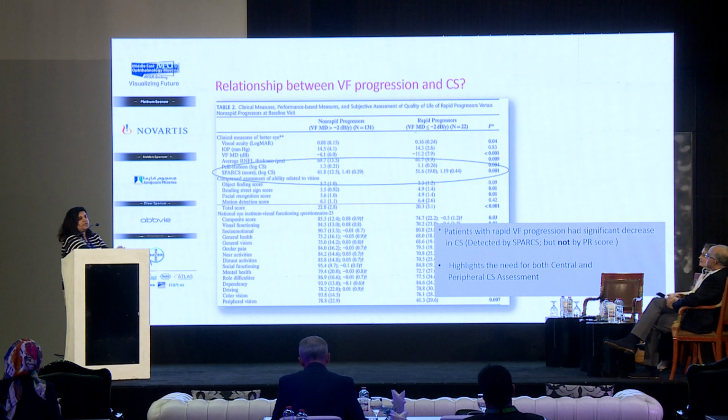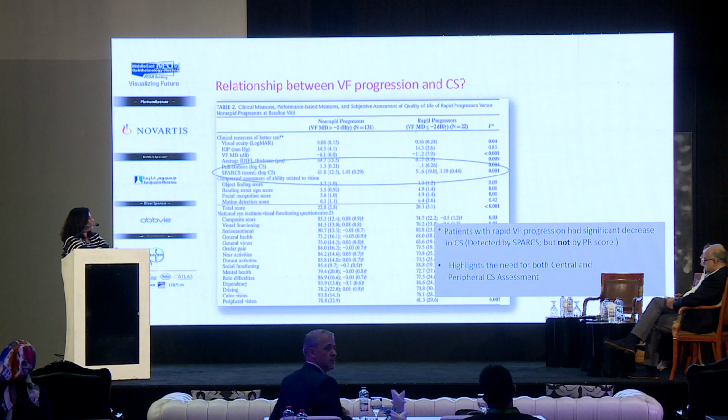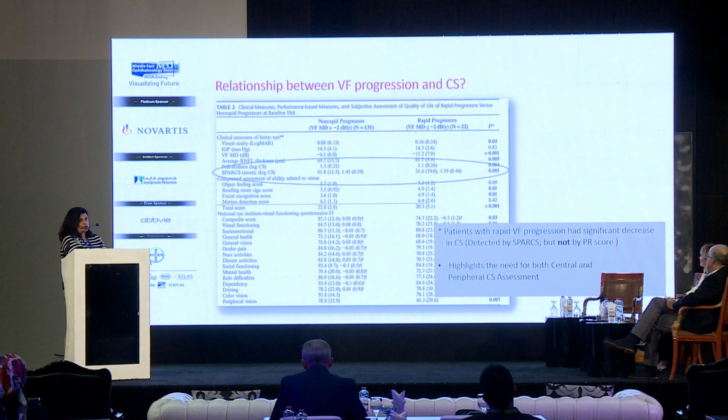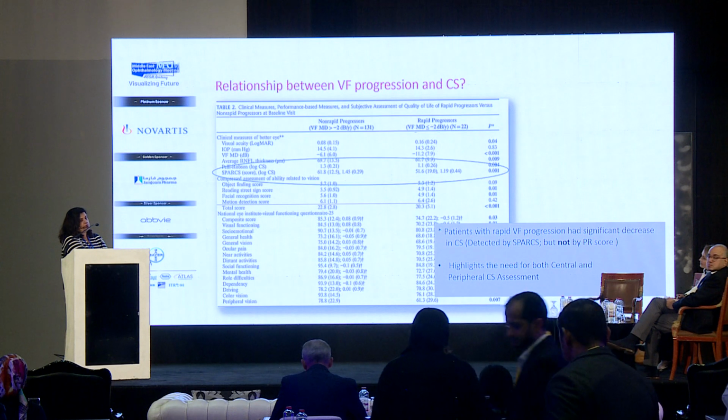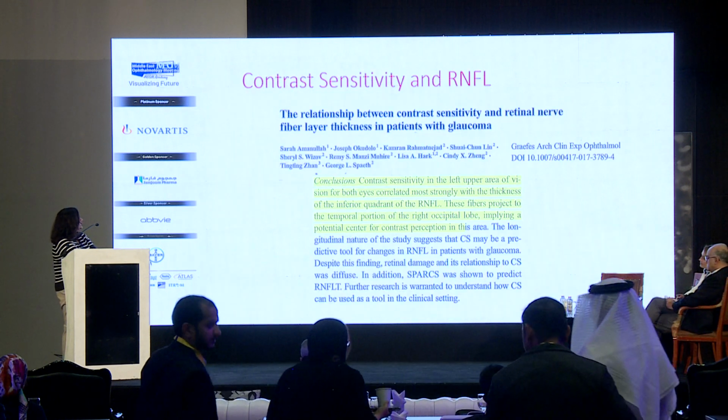They used a web-based contrast sensitivity tool called the Spaeth-Richmond Contrast Sensitivity Test, SPARCS, which looks not just at the central contrast but also at the peripheral contrast. They found that patients with rapid visual field progression had a significant decrease in contrast sensitivity, which was not detected by Pelli-Robson, which just looks at the central contrast, but was picked up by SPARCS. So it highlighted the need to look at central as well as peripheral contrast sensitivity.